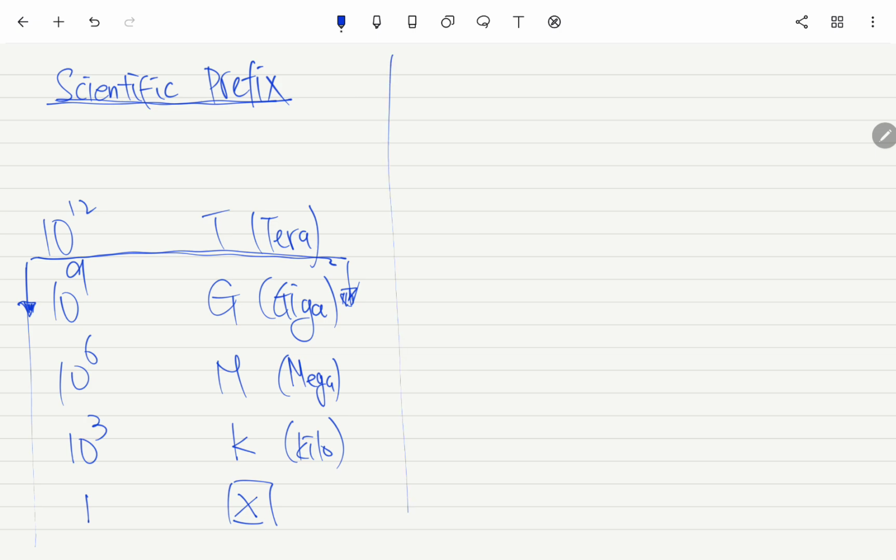Down there, maybe we can also have something like 10 to the negative 2 is c, centimeter, but that is mainly used for the centimeter, seldom used for others. 10 to the negative 1 is d.